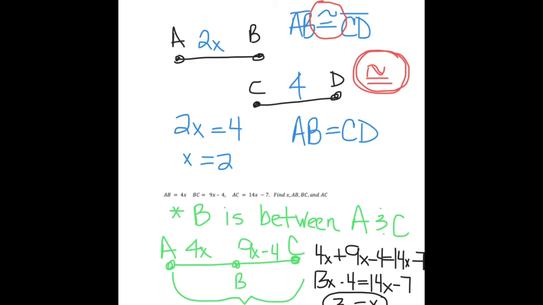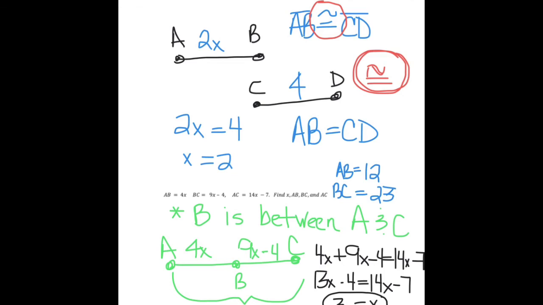That means that segment AB has to equal, well, 4 times 3 is 12. And that means that segment BC, which is 9 times 3 minus 4, well, 9 times 3 is 27, minus 4 is 23.